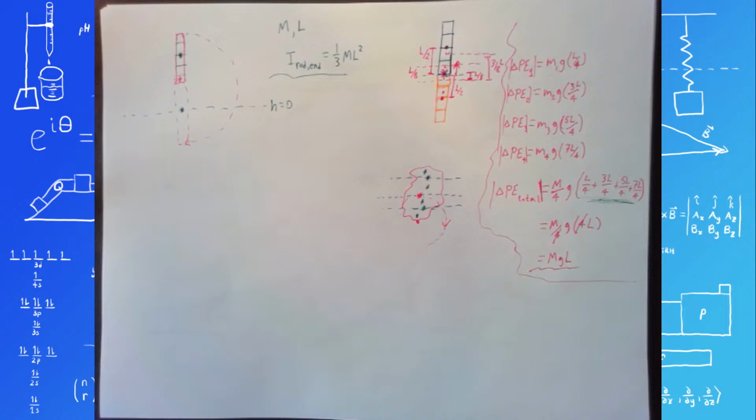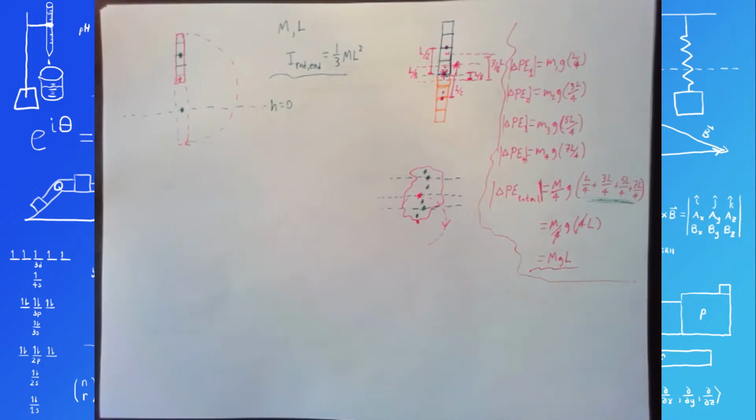I hope that this is sufficient to convince you that the change in an object's potential energy when it swings from one height to another is simply the change in potential energy of its center of mass. It's yet another wonderful and convenient property of centers of mass.